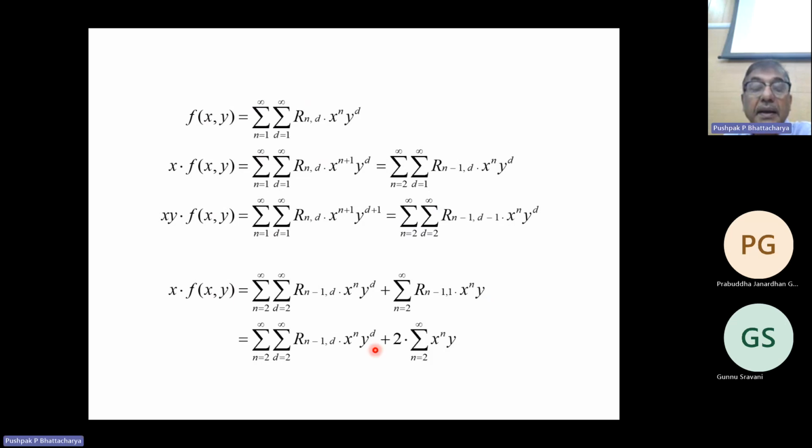Okay, and that will be equal to the sum over n equal to 2 to infinity, d equal to 2 to infinity, R(n-1, d) x^n y^d, plus 2 into the sum over n equal to 2 to infinity x^n y, 2 because of the boundary condition R(n-1, d) is equal to 2. Okay, so we have come up to this step.